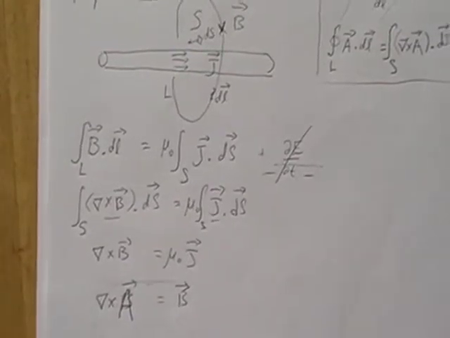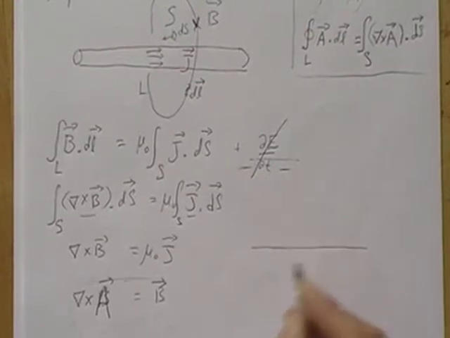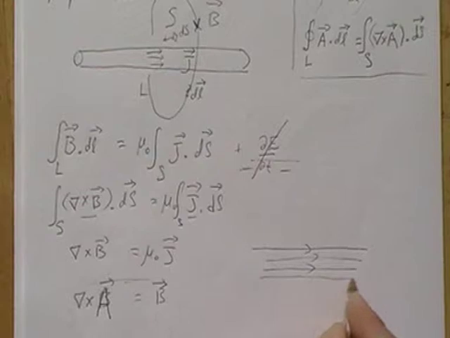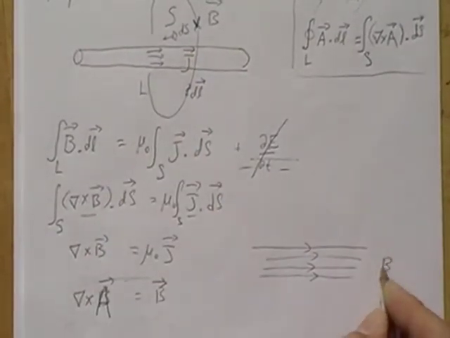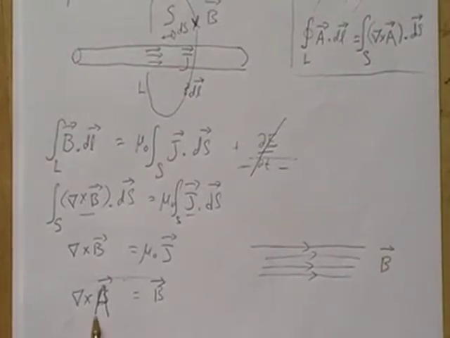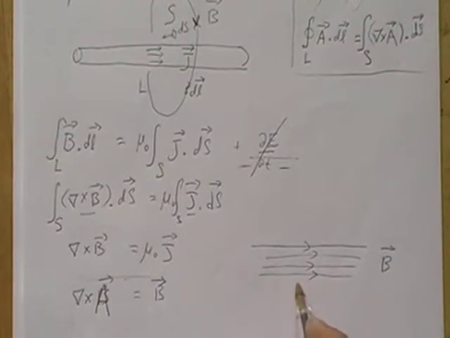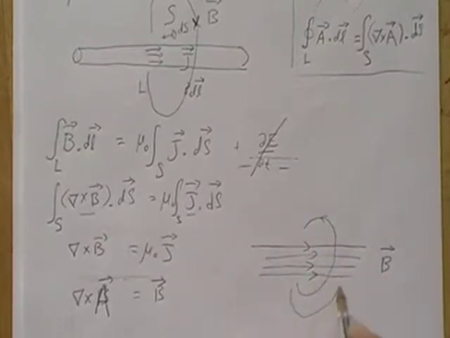So let me sketch this out. So suppose I have a magnetic field that goes this way, just like that current density up there. Then the corresponding vector potential must look like this.